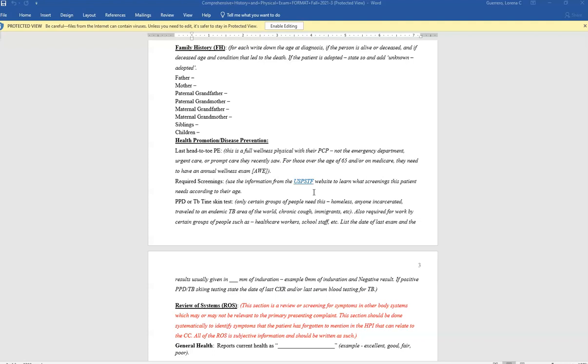And also some people because of their jobs, like us, healthcare workers, right? People who work in schools or in daycares, okay? Those are some of the things that yes, you do need to know about. That PPDs, TB skin screenings are under health promotion, and just who may really need that.